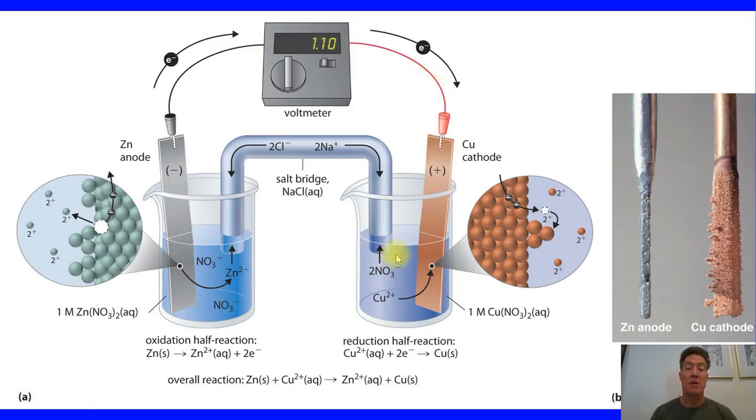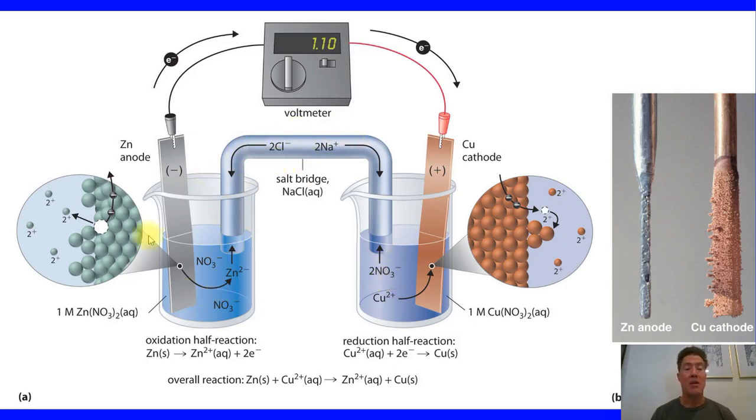And likewise, as we reduce more and more of these copper 2+ ions, there's going to be a decrease in positive charge. And so we're going to need to bring in some positive ions here to balance out that charge. And so that's the salt bridge. The salt bridge has inert ions that can flow and balance out the increasing charge on both half cells.